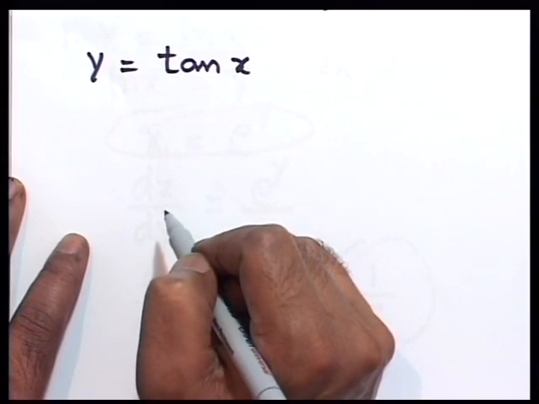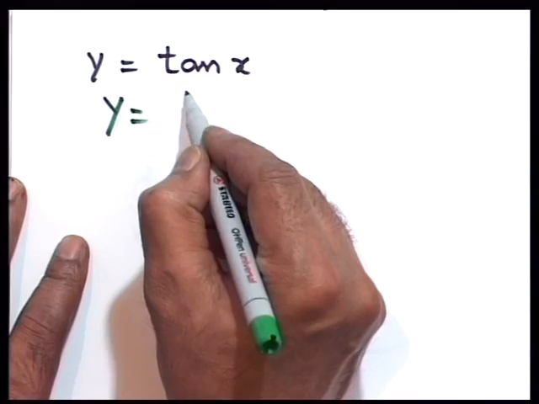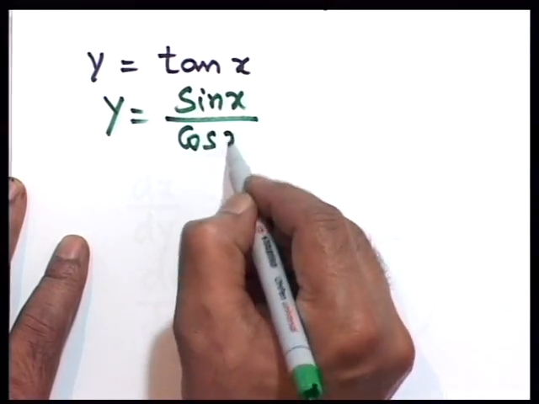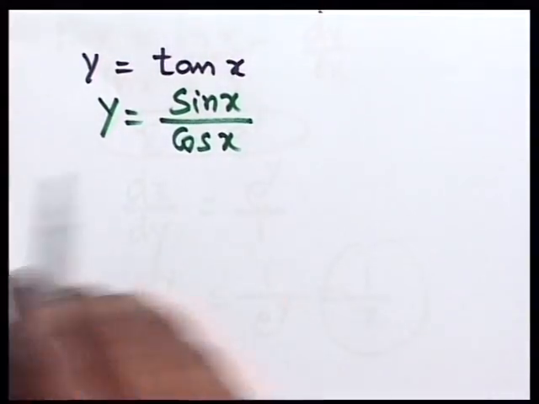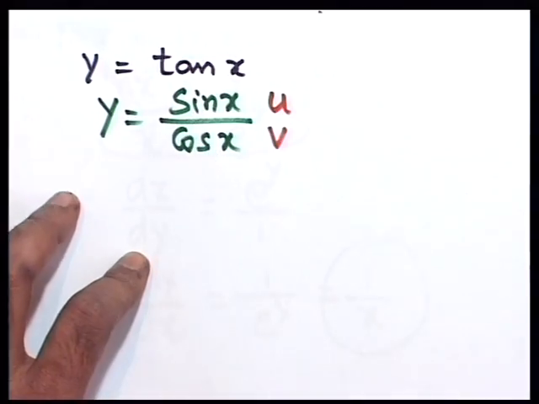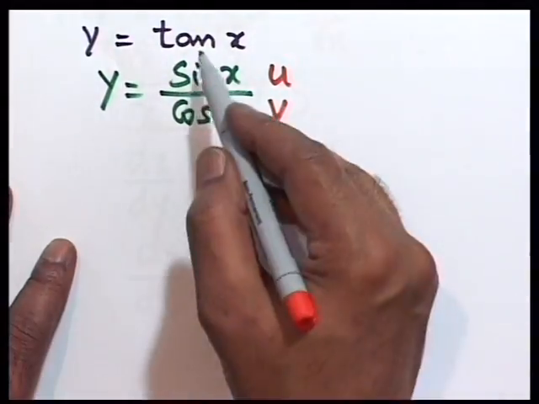Tan x. What happens if we write tan x as sine x over cos x? That looks like the quotient rule to me, u over v, or product rule if you take that to the top. So I will leave it as a quotient rule. You all know tan is sine over cos.